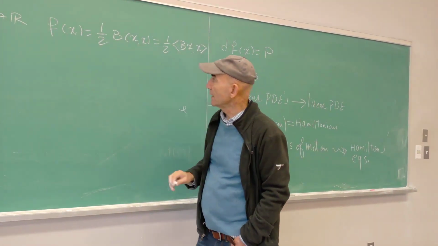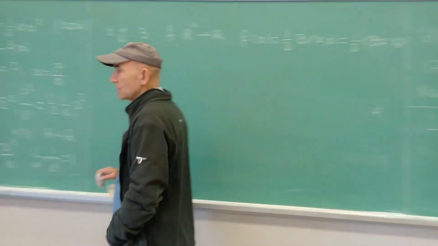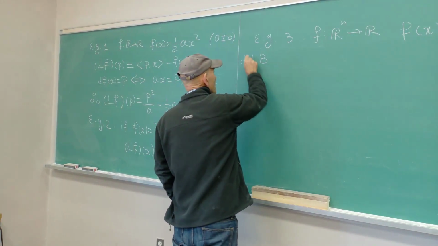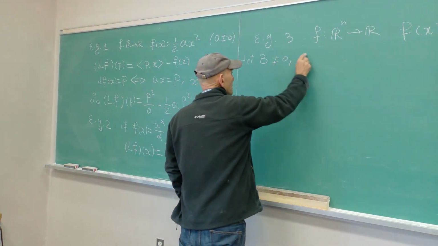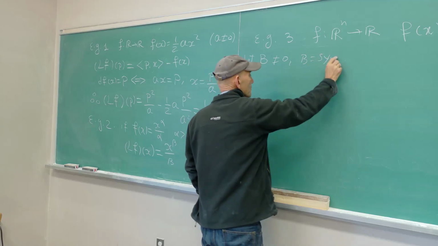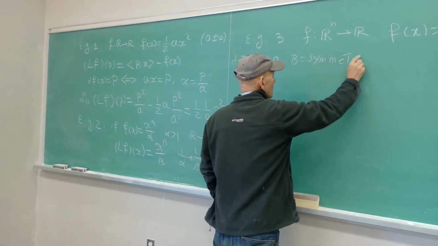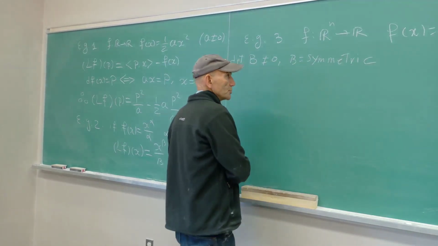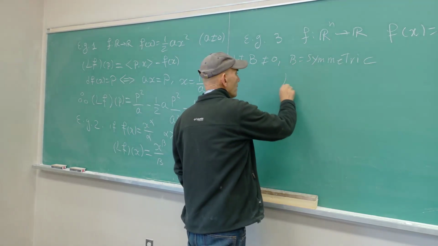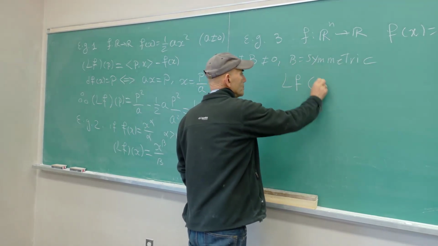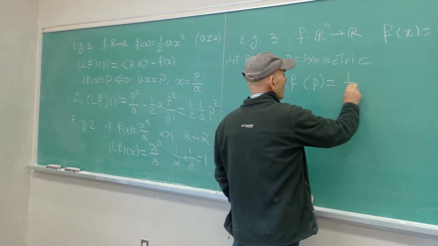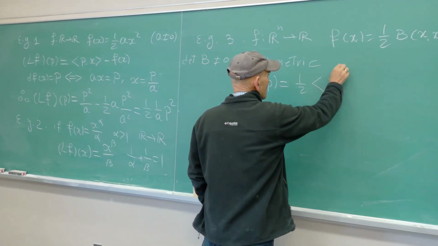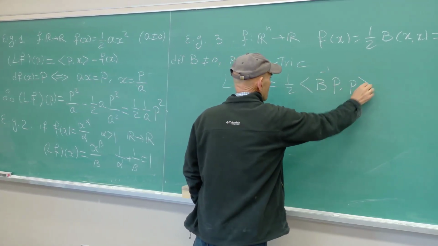So imagine you have such a thing, and B is non-degenerate, different from 0, and B is symmetric. Then you can show easily here that Lf of p is equal to 1/2 B inverse p p.